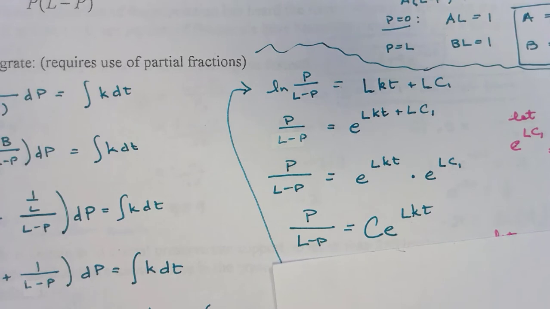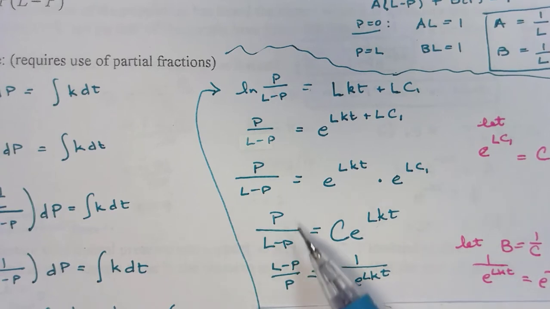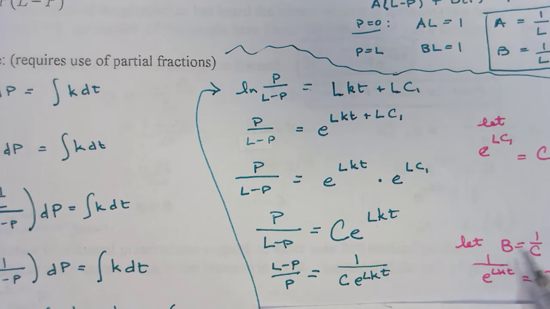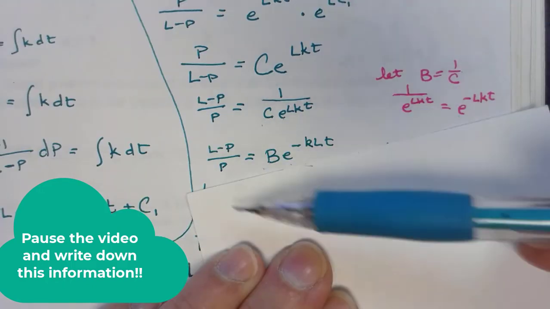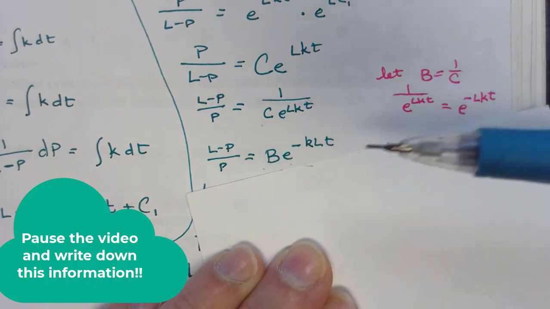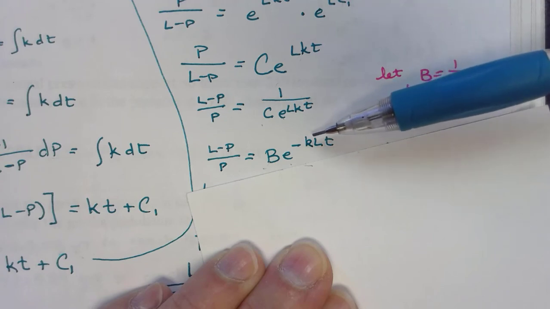That's a lot of variables, but let's remember L is not a variable. Well, what I want to do is reciprocate this. And we're going to let B be 1 over C. And let's remember that e to the LKT in the denominator is e to the negative LKT. So now this becomes L minus P over P equals B e to the negative LKT.